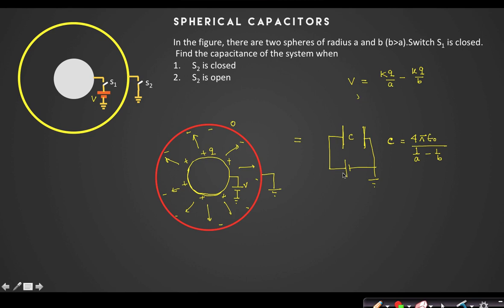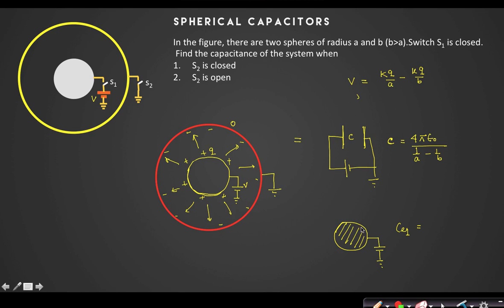Look, if I say that in this circuit there is only one solid sphere, only the inner sphere, which is connected with a battery like this, can I define the capacitance of this isolated sphere also? What will be the capacitance?